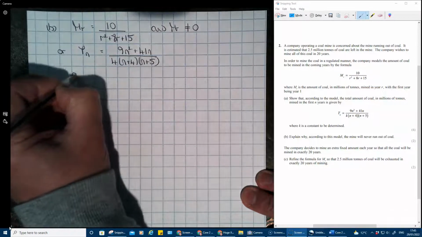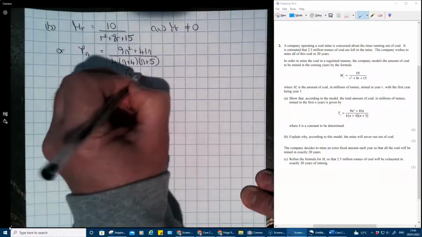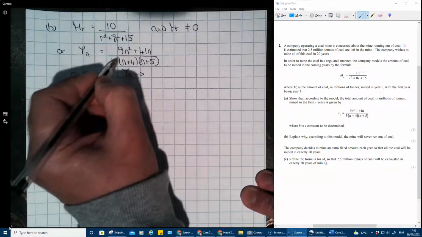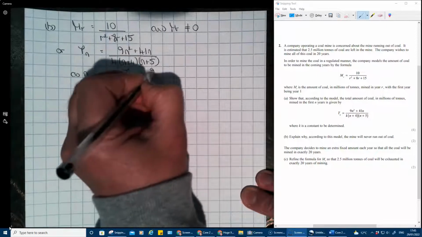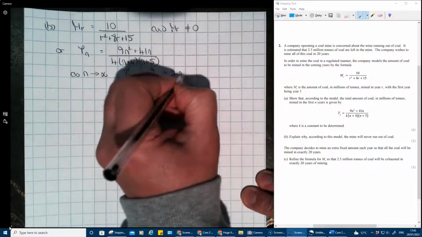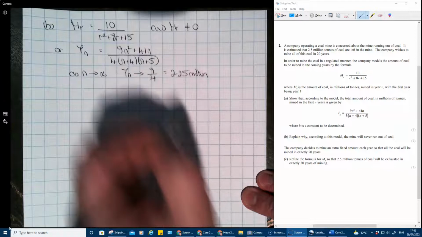So as N tends to infinity, the total tends to the lead term, which is 9N squared over 4N squared, so 9 over 4, which is 2.25 million tons, I think it is.